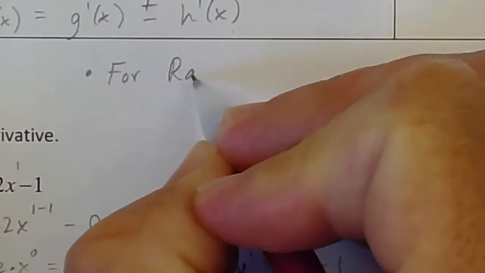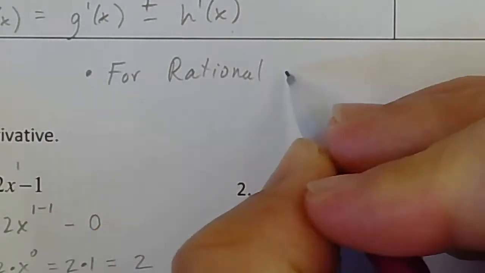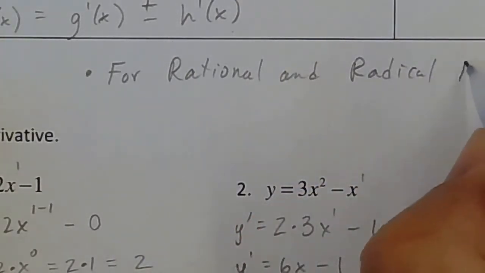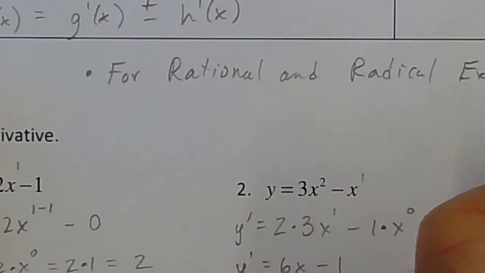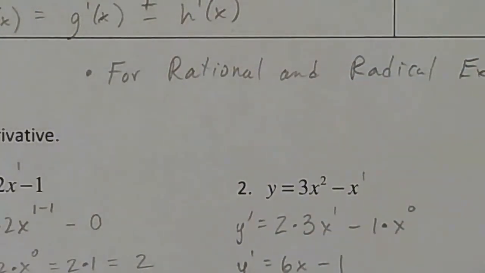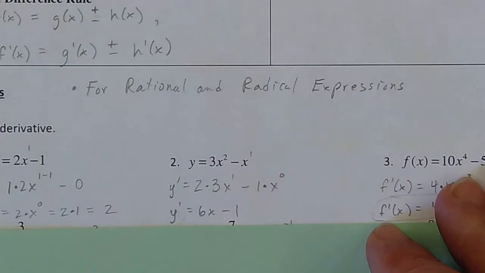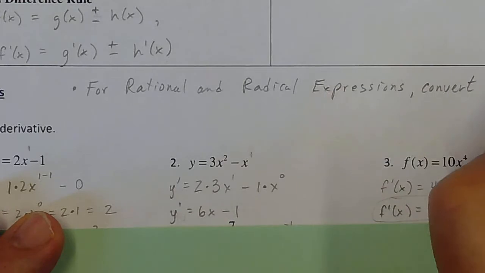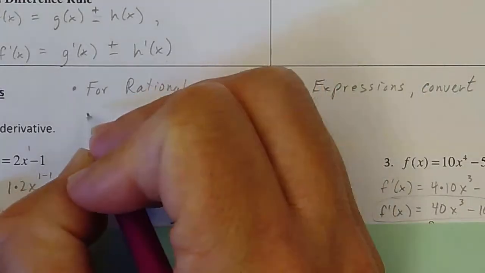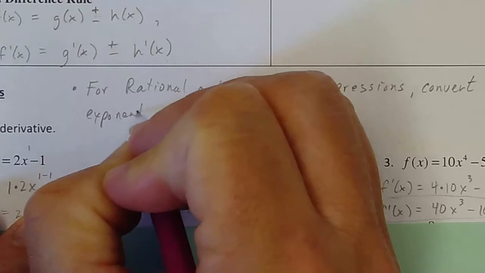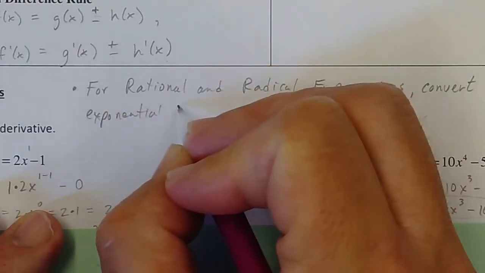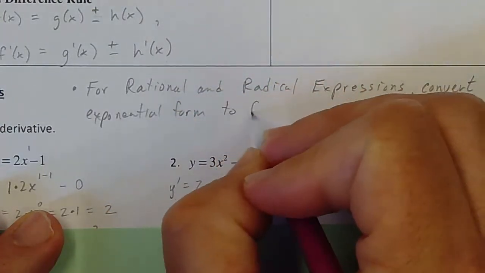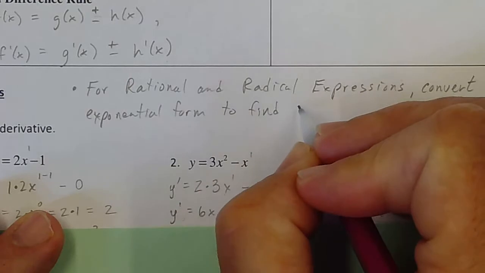For rational and radical expressions, which are coming right up in the next few examples, convert to exponential form to find the derivative, to find f prime.